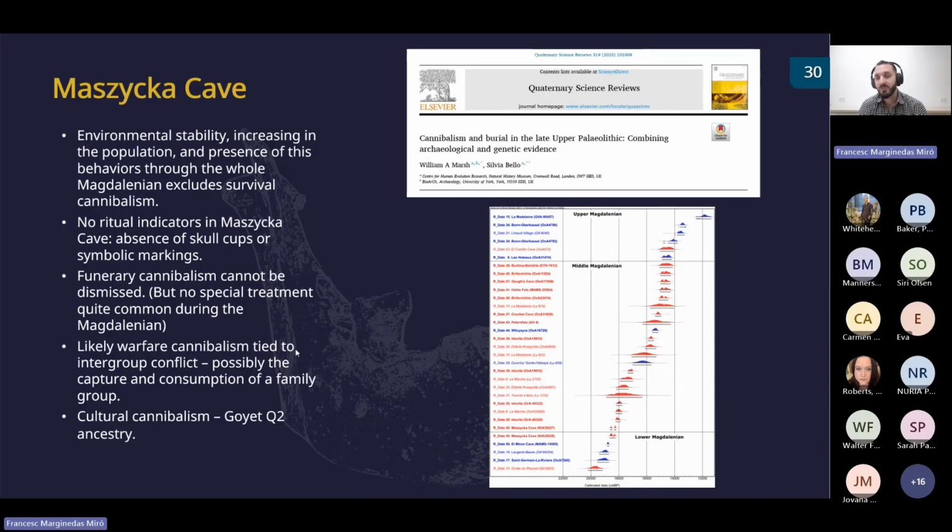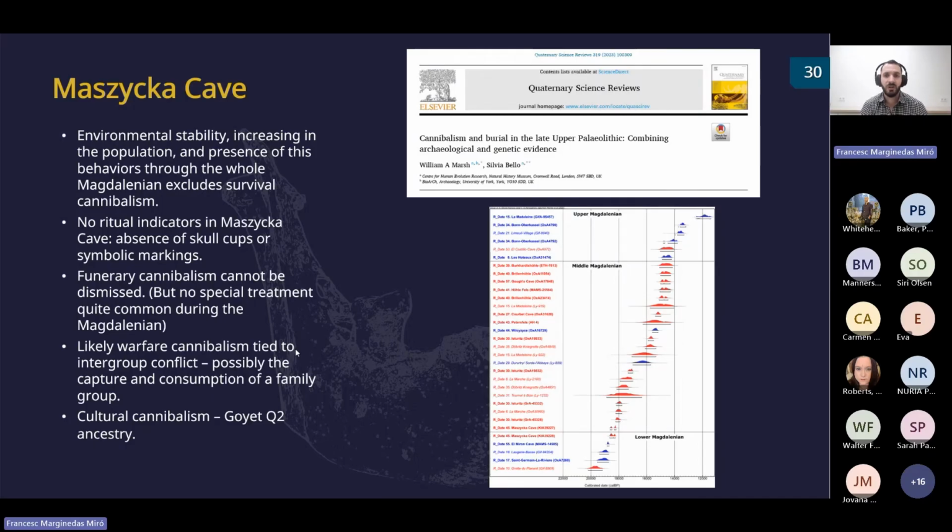Although funerary cannibalism cannot be ruled out, the lack of evidence of special treatment leads us to suggest that the most plausible hypothesis is that of intergroup conflict, possibly involving the capture and consumption of a family group.